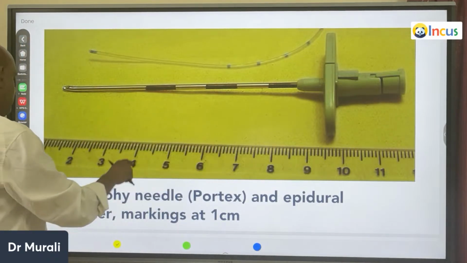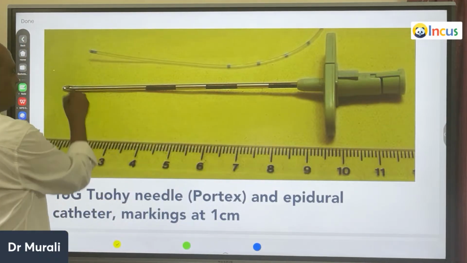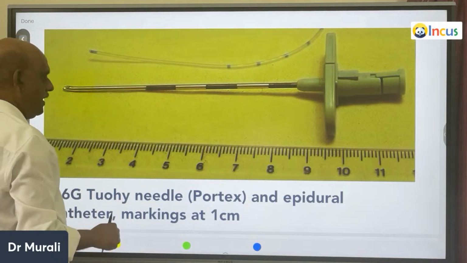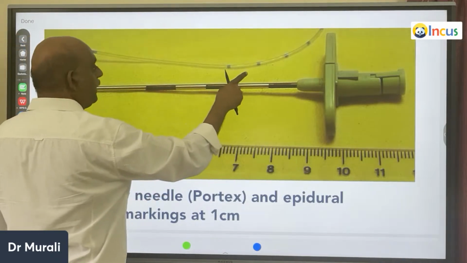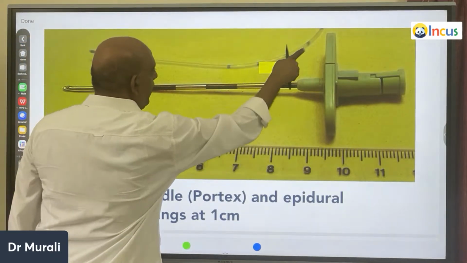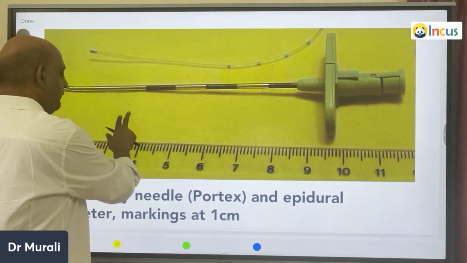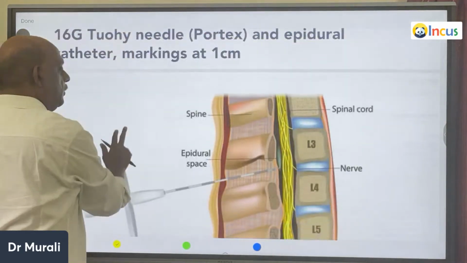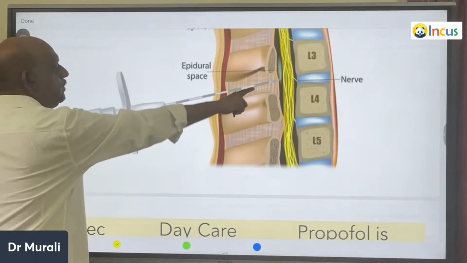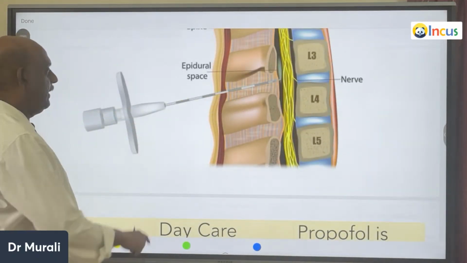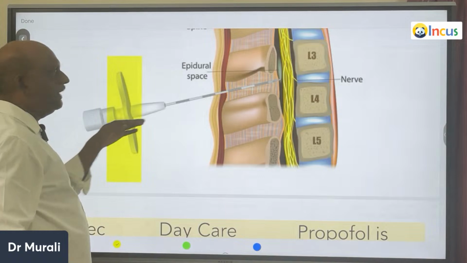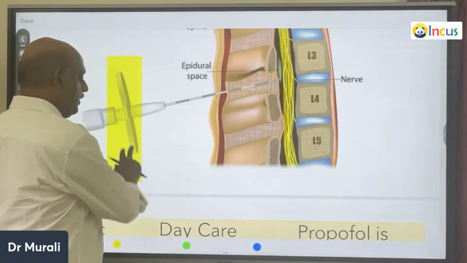And this is 16 gauge. And here you have centimeter markings, okay? So this is how you will introduce the Tuohy needle into the epidural space, is what you have to remember.